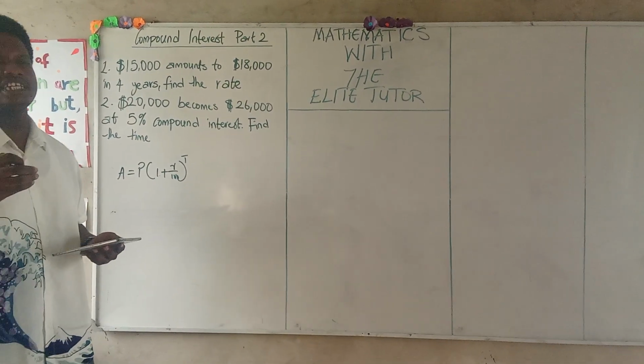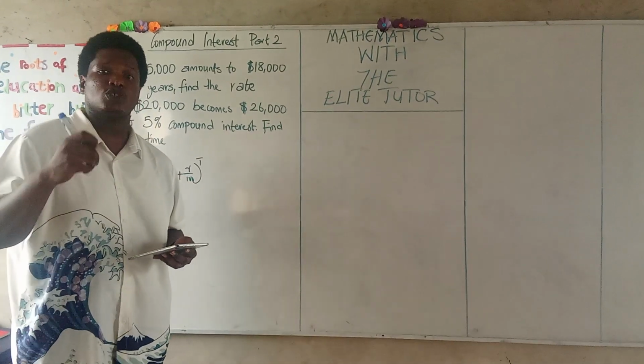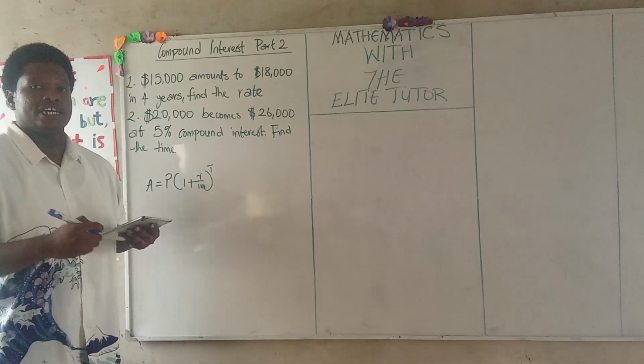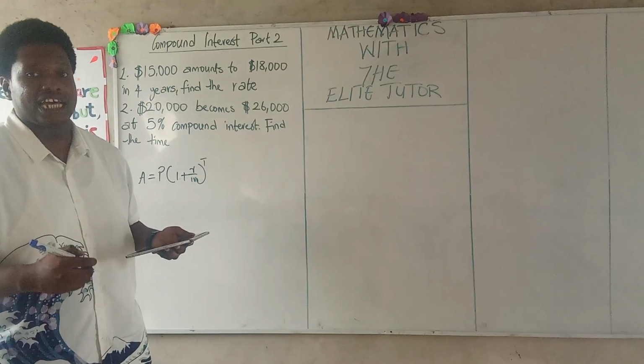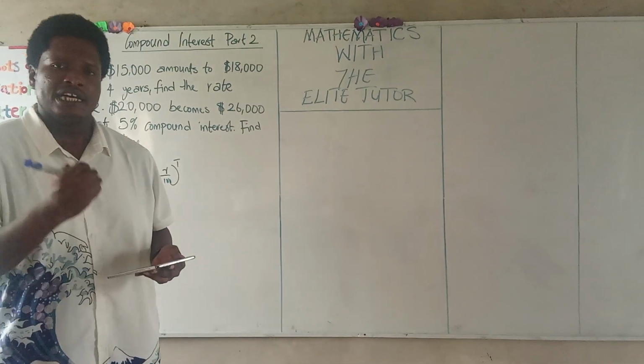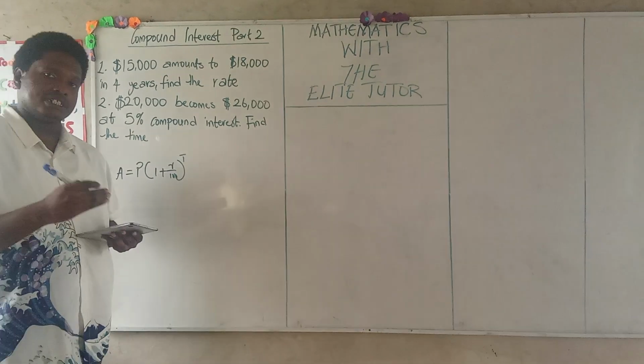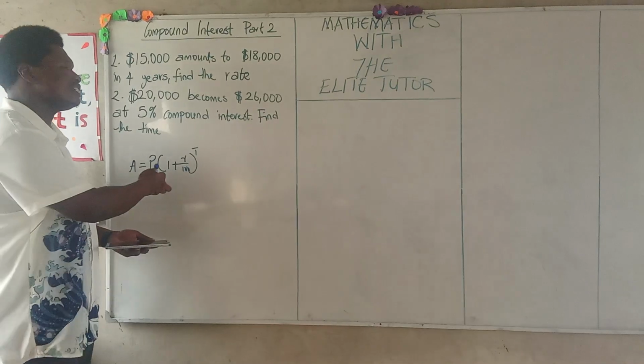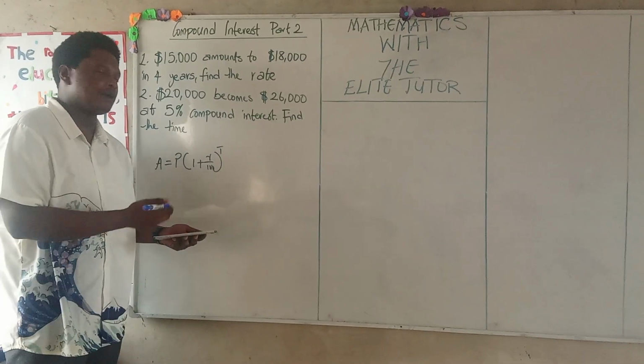Why? Because the ascertaining of our amount is very crucial in calculating our compound interest. Reason being that the formula for compound interest is amount minus principal. That gives us our compound interest. But we are asked to find the rate, so we are going to be using our formula.